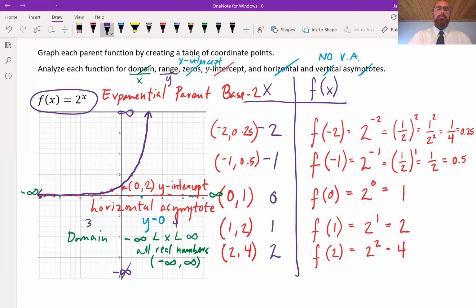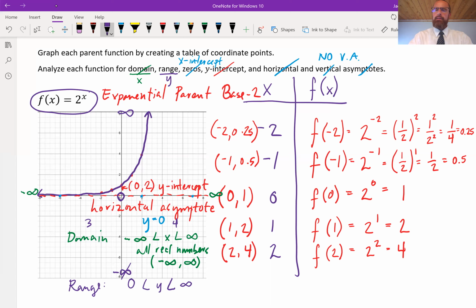Where the graph lives is above this horizontal asymptote. Now we saw that that y value was 0. So the way I'm going to describe my range is that it is from 0, strictly less than y, and again that y describes where the graph lives, all the way up to infinity.